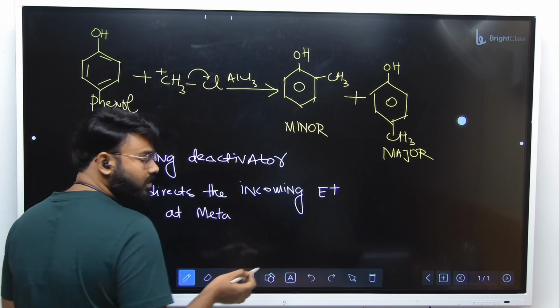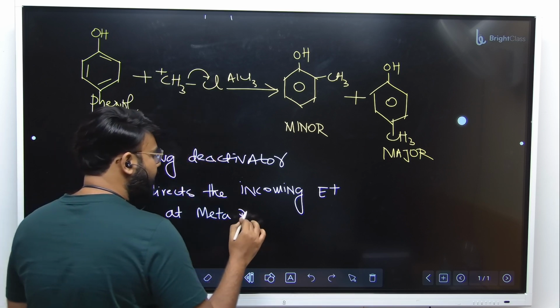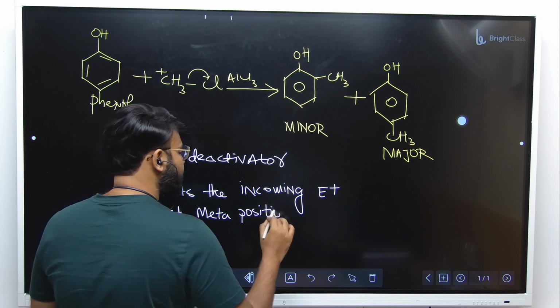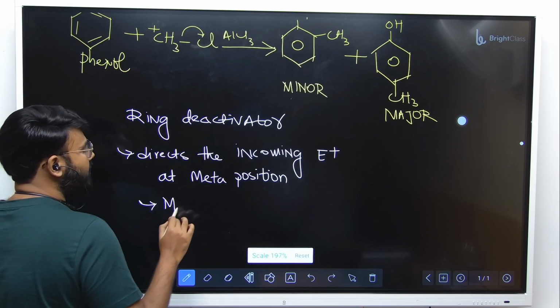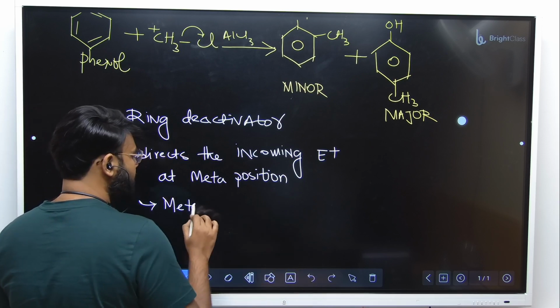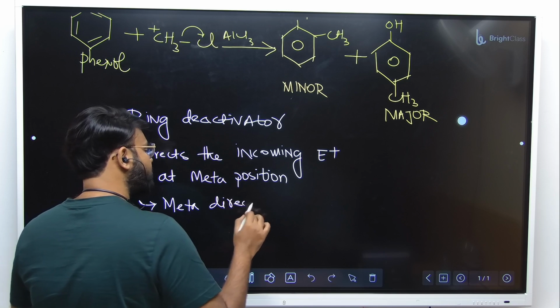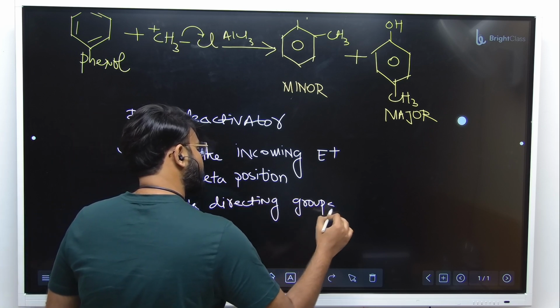Which position, guys? They will not have two answers. They will have only one, at meta position. So they are also called meta-directing groups. What do we call them? Meta-directing groups.